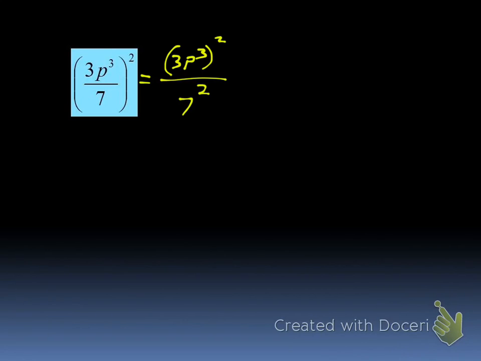Then, just like how we just talked about with 2x, we have to do 3p cubed squared. So what's 3 squared? 9. What's p cubed squared then? P to the 6th, 3 times 2. All over, what's 7 squared? 49.